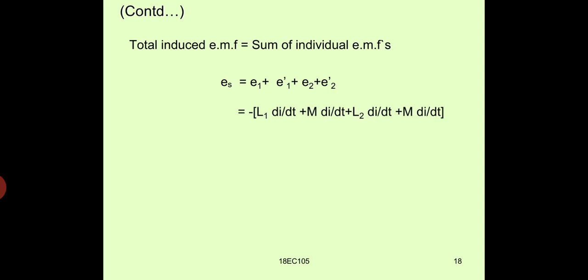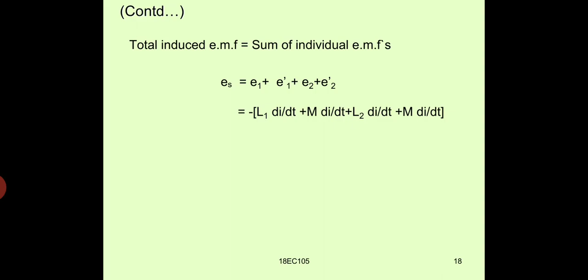Then the total induced EMF will be the sum of the individual EMFs. So we have to make the sum of all the EMFs we have expressed just now, that is E1, E1 dash, E2 and E2 dash. So E will be equal to the algebraic sum of the individual EMFs, E1 plus E1 dash plus E2 plus E2 dash.